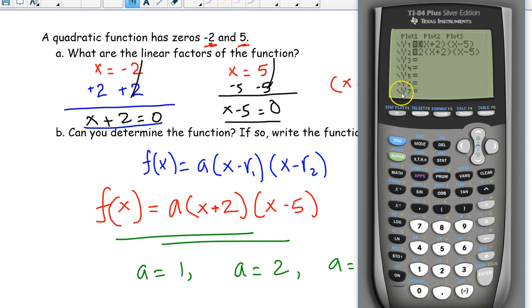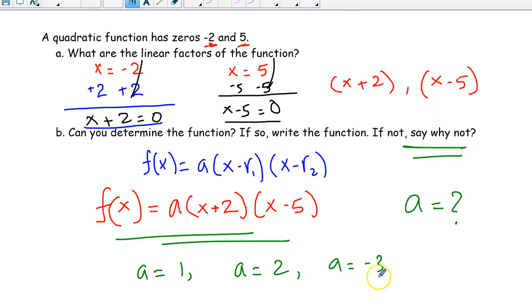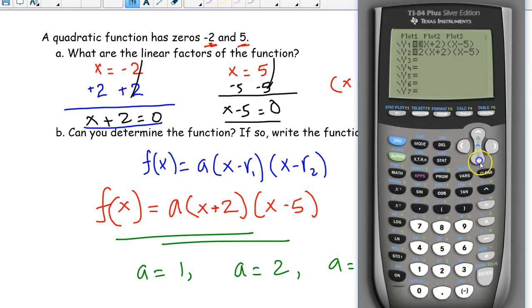Why are they different? Because of the difference in the values of a. Now if I take a is equal to -3, your graph will be entirely different, like upside down. Let me show you. -3 times x plus 2, close and open, x minus 5, close, hit graph.